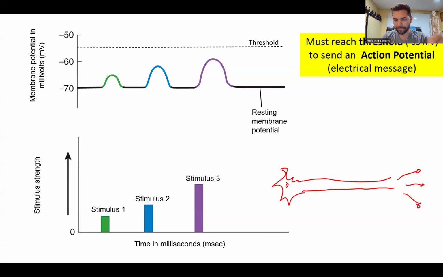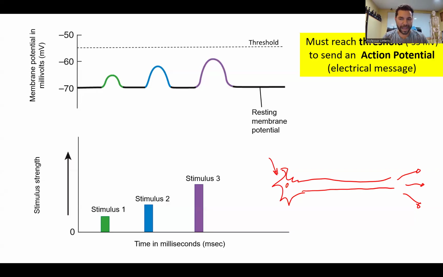And let's say we poke this neuron. Maybe it's some touch or pressure or something like that. Maybe the charge of the neuron changes a little bit. Nothing happens. Maybe we push a little bit harder, right? You still wouldn't feel it. Maybe the stimulus is stronger, and then maybe you put enough pressure on it that you can feel it.